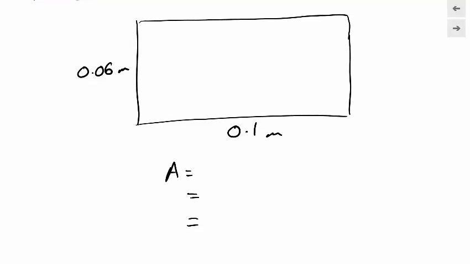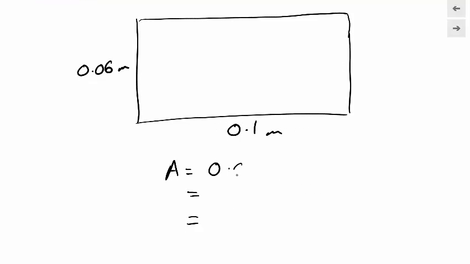So I want 0.06 metres times 0.1 metres. There's a couple of ways you can go about doing that. You can either convert it into a fraction, or you can convert it into standard form. You should be an expert at standard form by now. So let's convert this 0.06 into standard form. Are you happy? It's just going to be 6 times 10 to the minus 2.